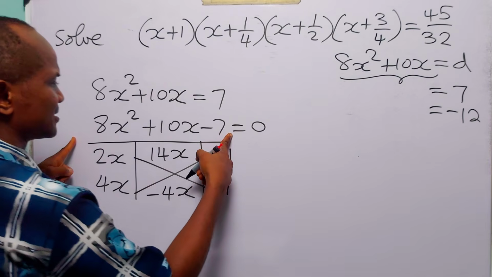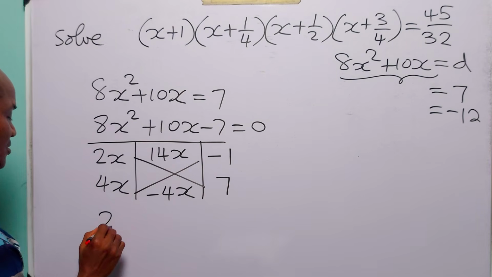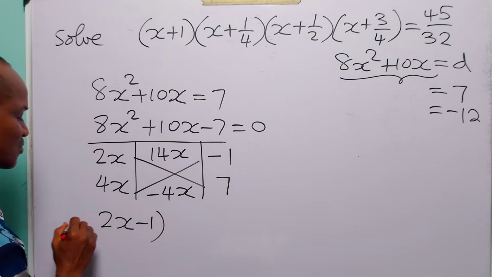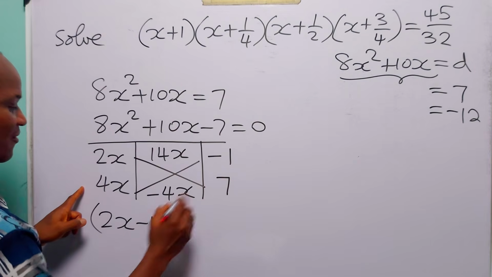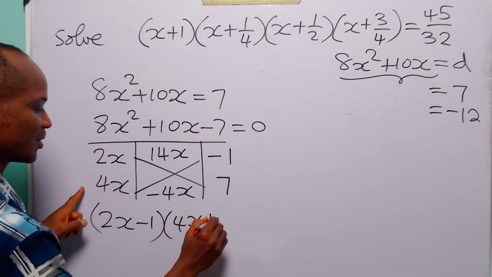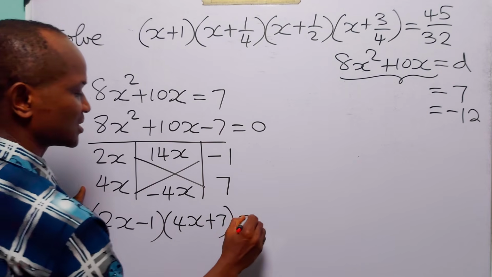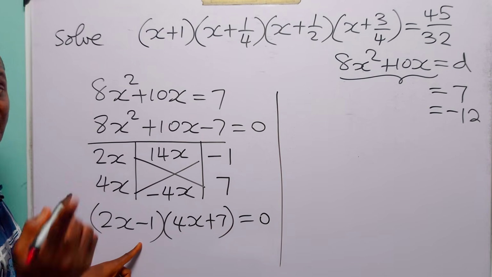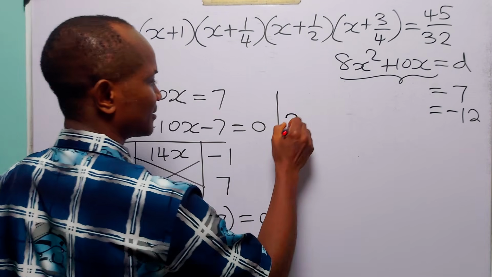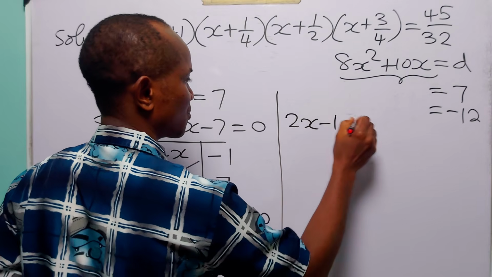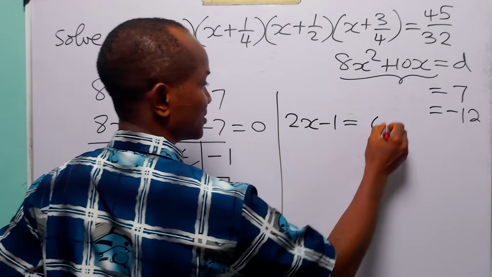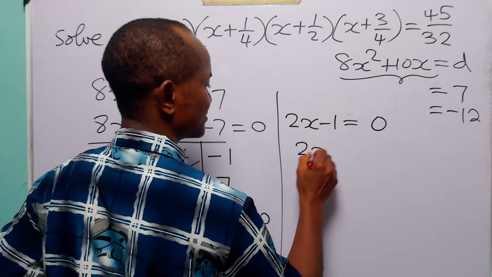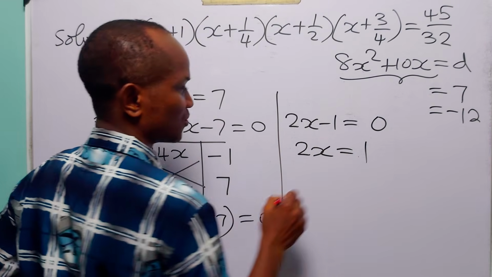So when we factorize this left-hand side, we have (2x minus 1) times (4x plus 7). And of course, this is equal to 0. Now, from here, it's very easy to see that either 2x minus 1 is equal to 0, from where 2x is equal to 1.